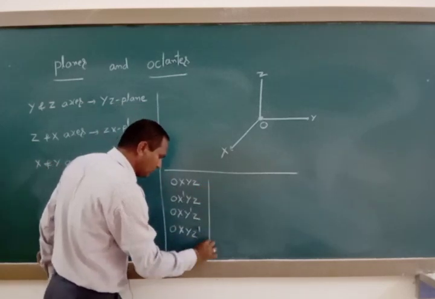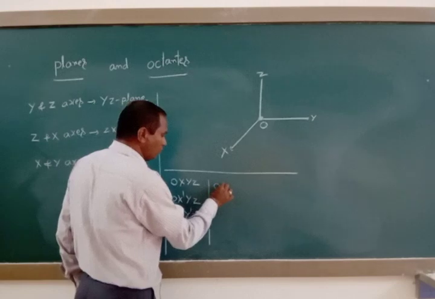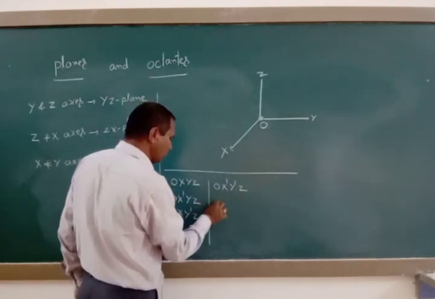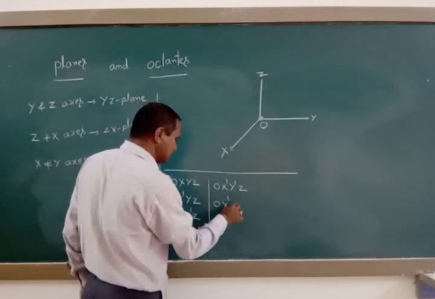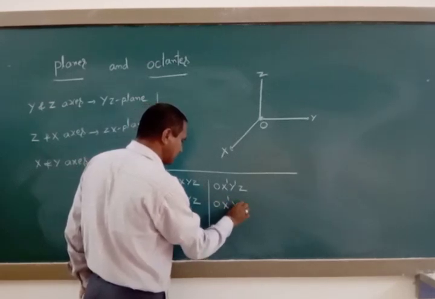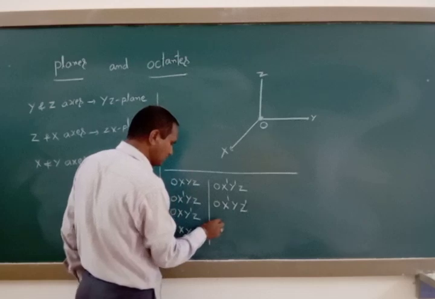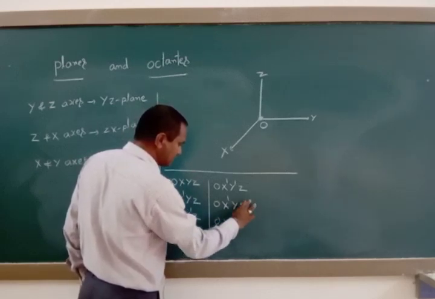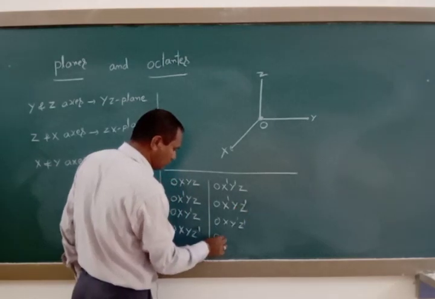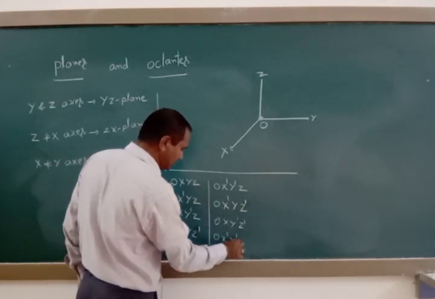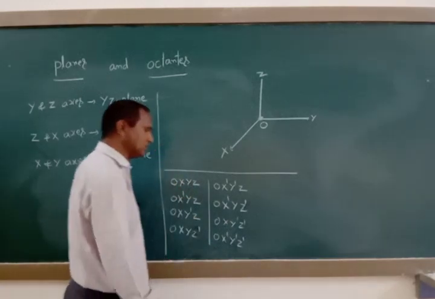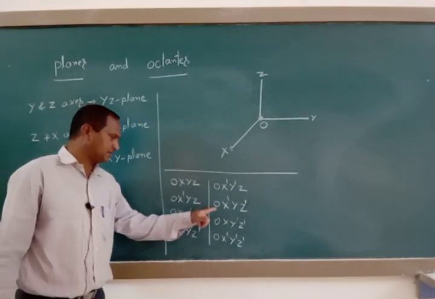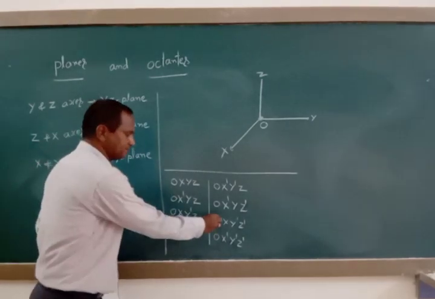And the remaining 4 are OX'Y'Z, OX'YZ', next, OXY'Z', OX'Y'Z'. Like that we get 8 octants: 1, 2, 3, 4, 5, 6, 7, 8 octants here.